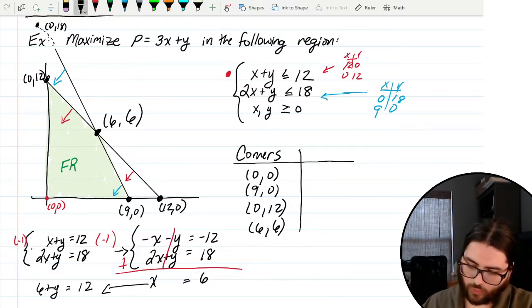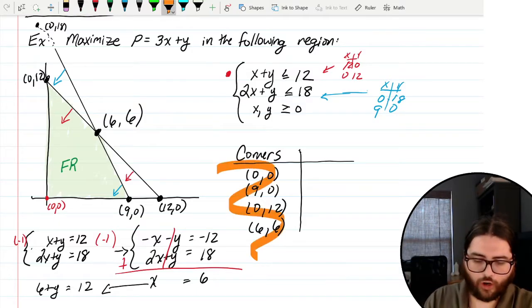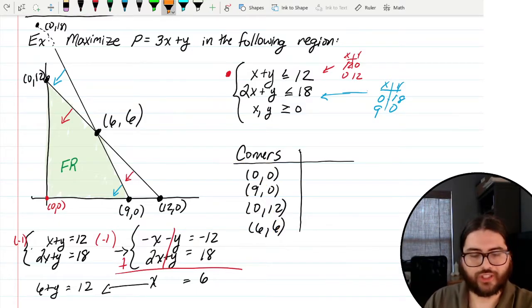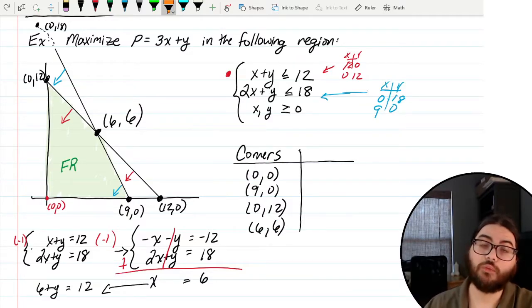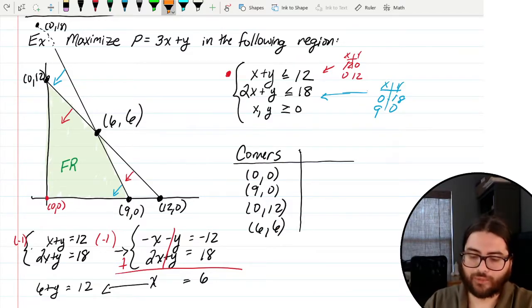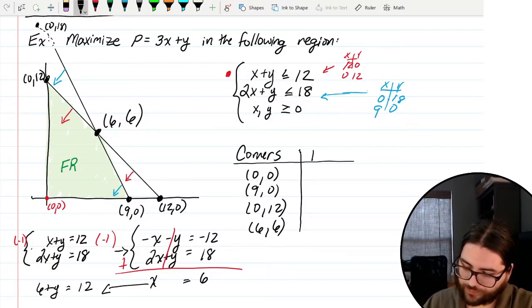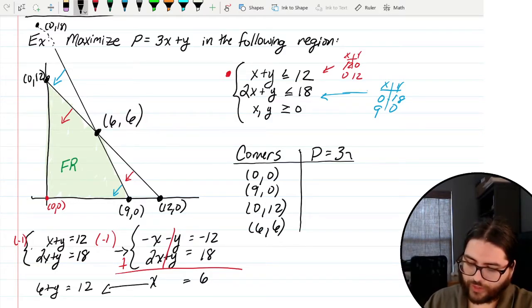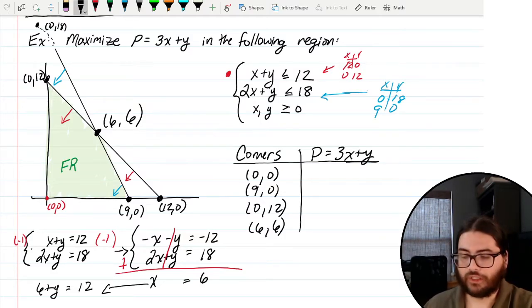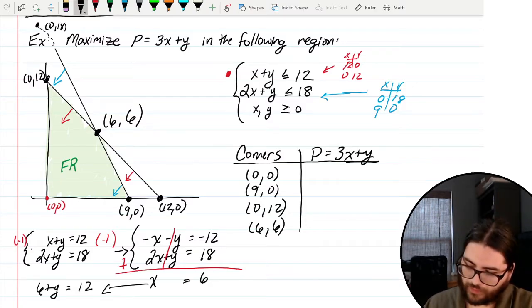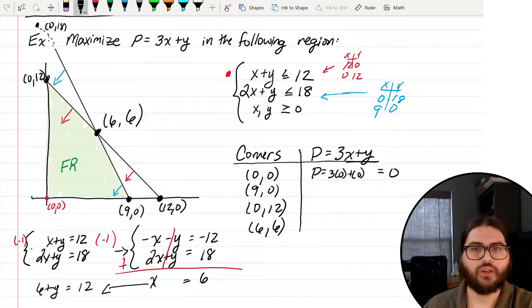So here's my list of corners. These 4 points are the only 4 points which could contain the minimum or the maximum value of p, my objective function. All I need to do now is plug those points into the p function and see what the p value is. So if I plug in 3 times 0 plus 0, here p equals 0.